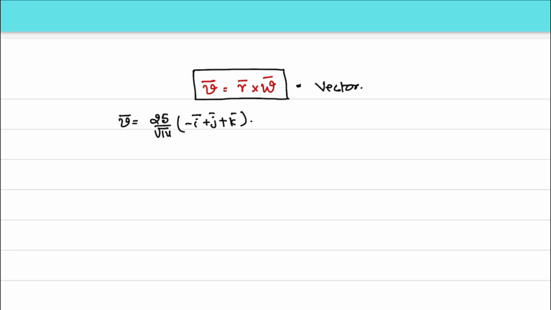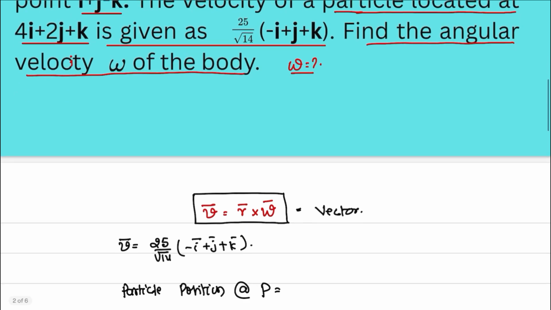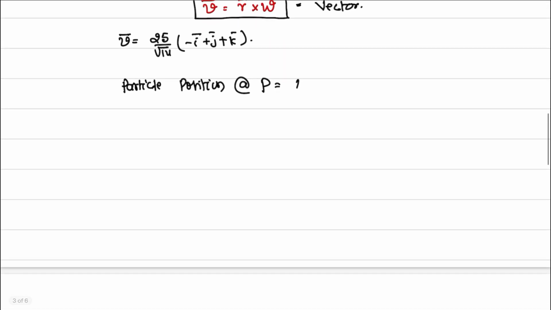This is one data, another is particle position at P, as I showed you previously. What is the particle position? 4i plus 2j plus k.